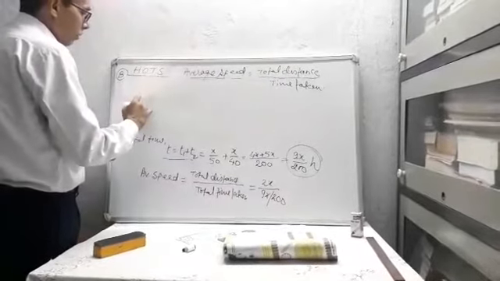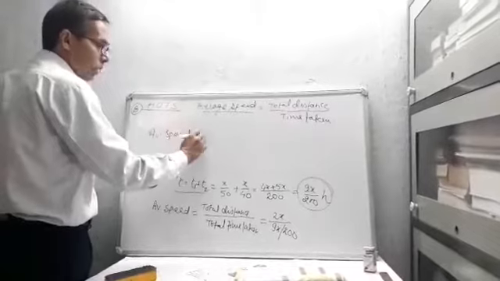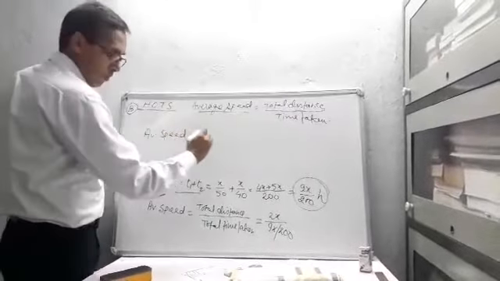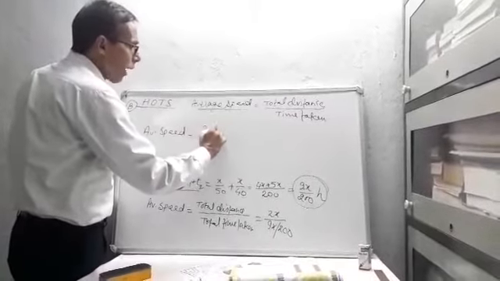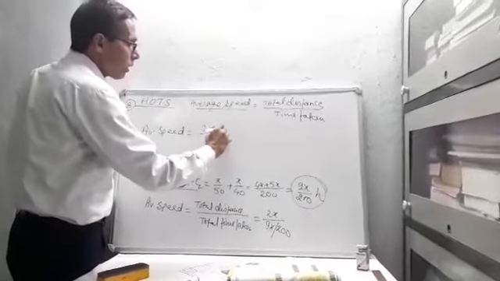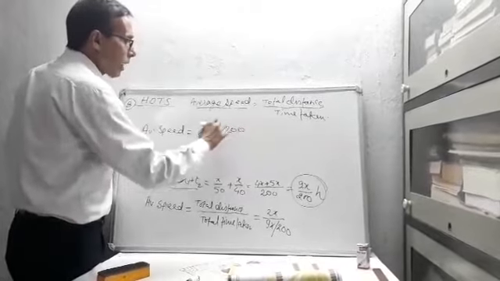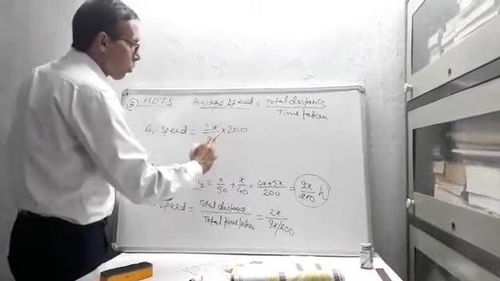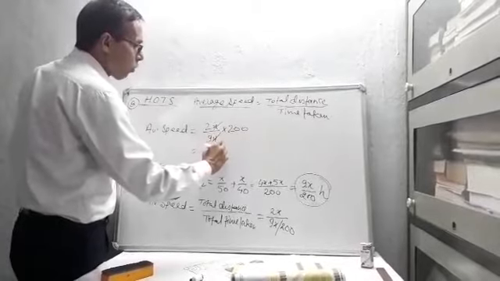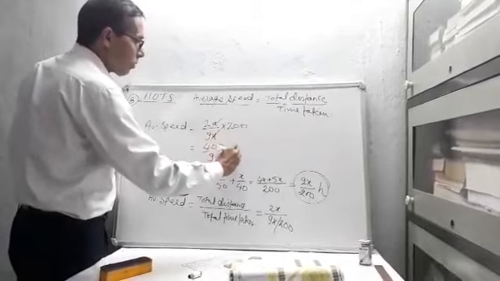So average speed is equal to 2x by 9x into 200. The x cancels, and 2 into 200 is 400, divided by 9.